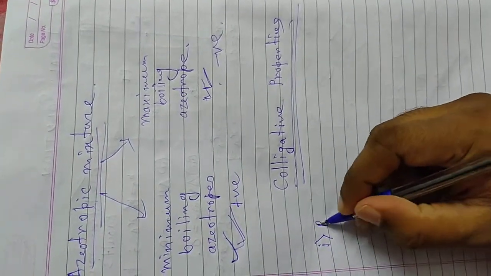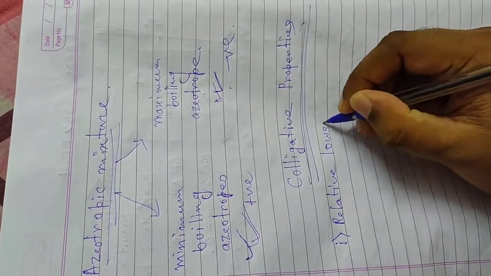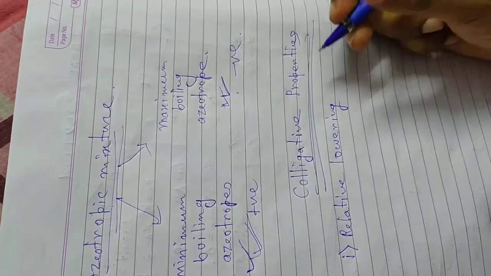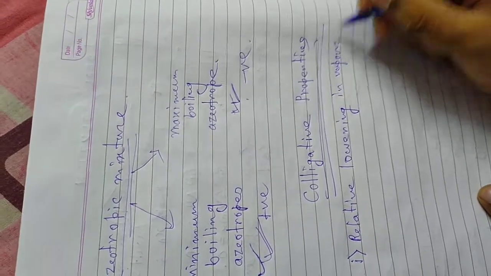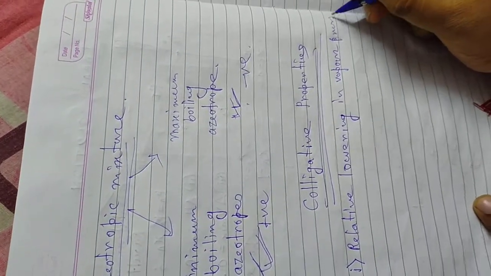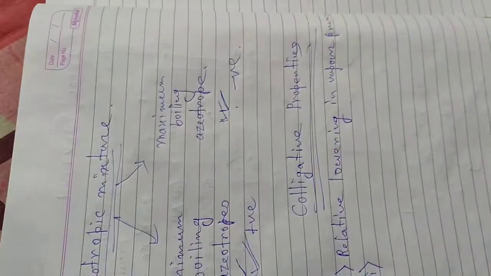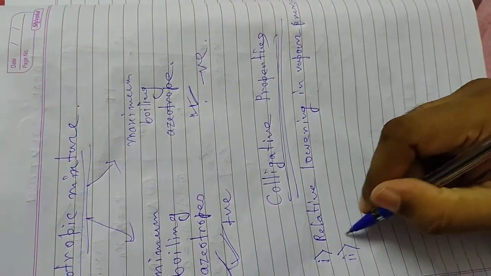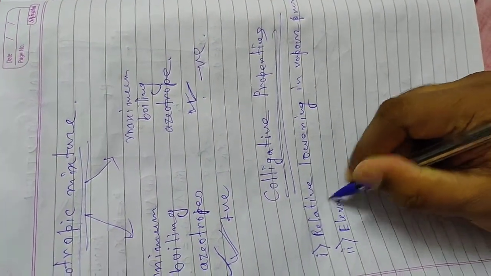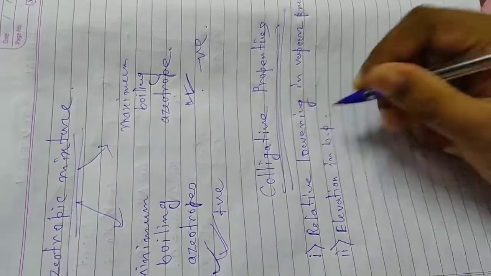Number one, relative lowering in vapor pressure. Number two, elevation in boiling point.